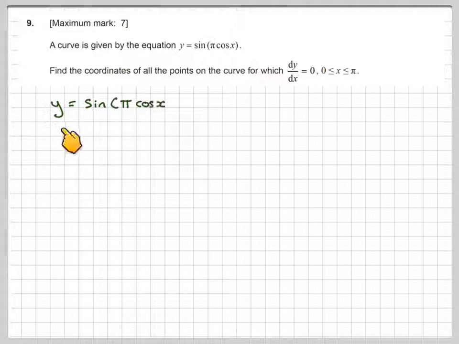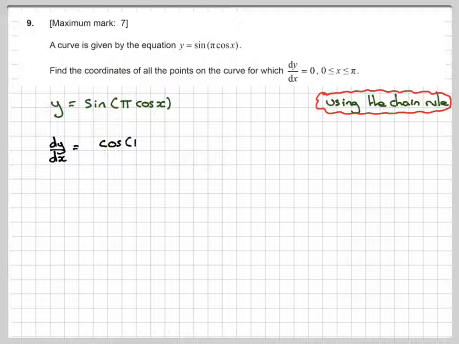So we've got to take our function, y is sine of pi cos x. If we differentiate this, we have to use the chain rule. So we differentiate this bit, and then we have to differentiate the bracket using the chain rule. So dy by dx of sine is cos, so cos of pi cos x.